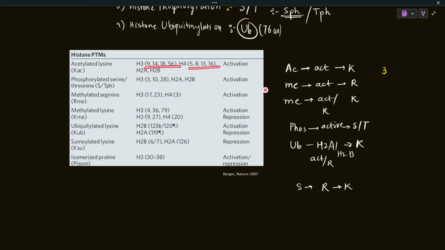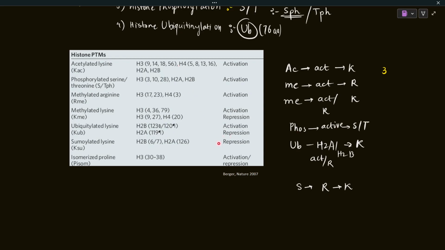All of them are done on lysine, but a few, like methylation, which can be done on arginine, and phosphorylation, which can be done on serine or threonine, are different. So these are the two examples that you have to learn, and the rest of them are done on lysine. Acetylation is always an active mark, so you have to learn which are the active marks and which are the repressive marks.